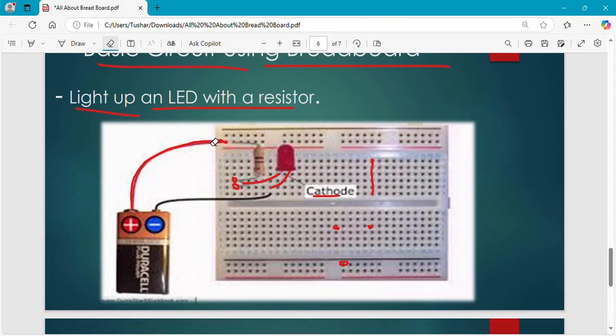You can screenshot this picture and try to make a simple circuit on the Tinkercad app. I hope you are already aware of Tinkercad. If not, I have already made a video on it, and if you want, I can make another video also.